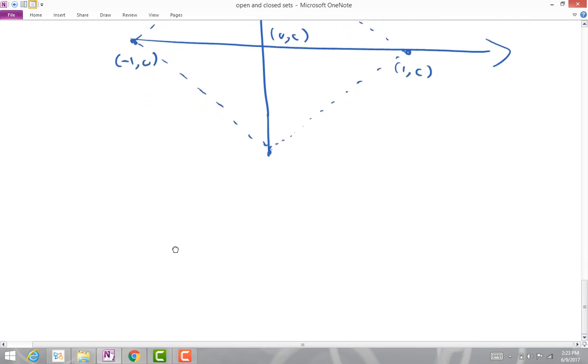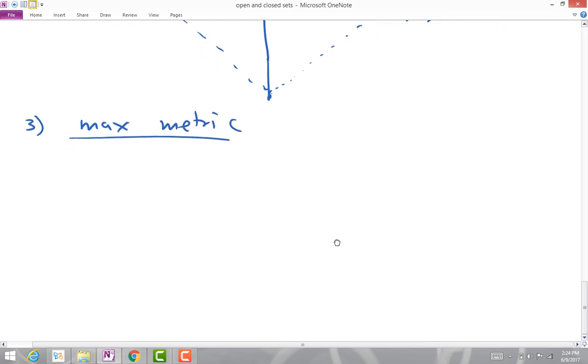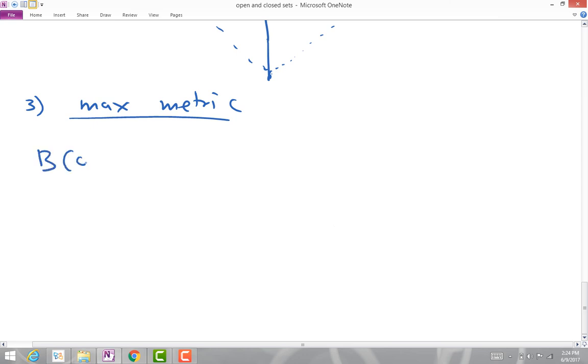And the third example, we take the max metric. And if I look at the open ball, so I'm looking at the set of points (x, y) in R squared such that the distance, in this case it's going to be the maximum of absolute value of x minus 0 and absolute value of y minus 0, is less than 1.